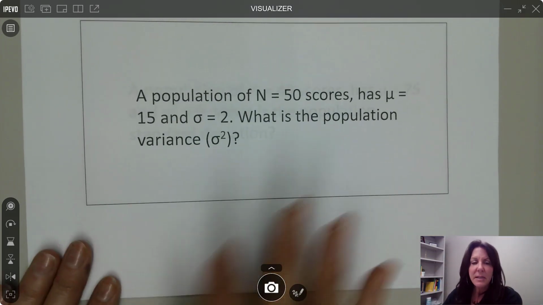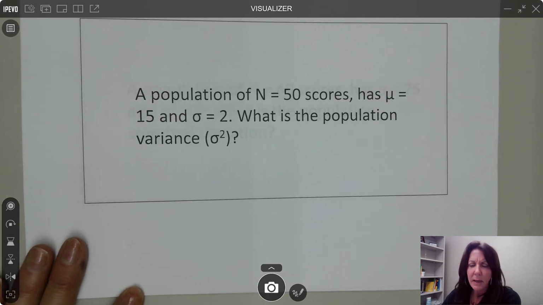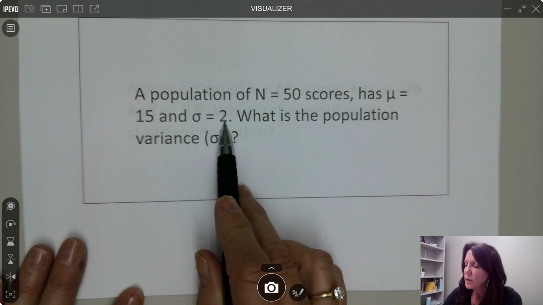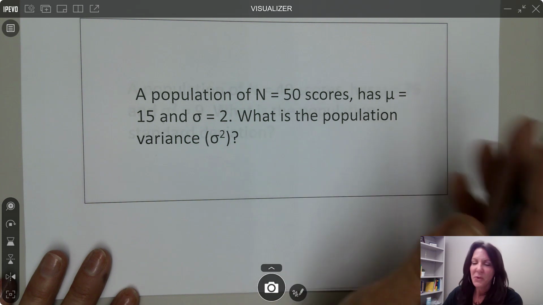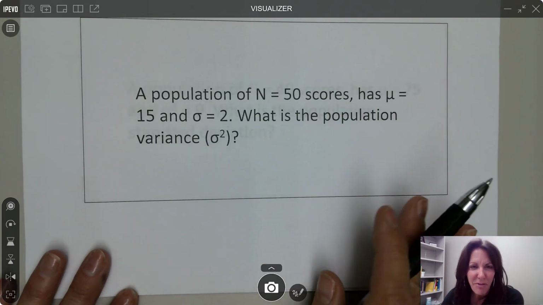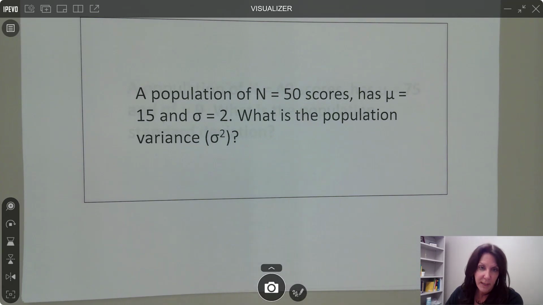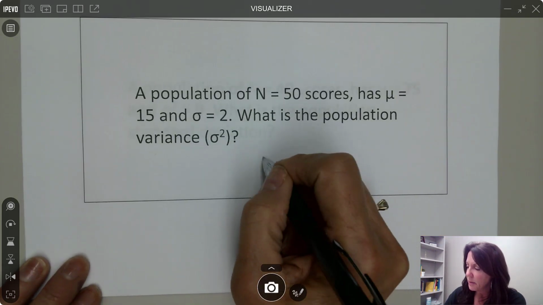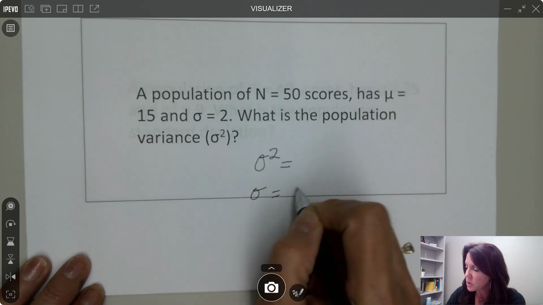Now, you're going to be asked some questions like this, where you're given an n, a mean of 15 and a standard deviation of 2. What is the population variance? Well, you're given 3 numbers here, but you only need to know one of them to figure out the variance. And this you can figure out when you know the relationship between variance and standard deviation. We don't know the variance, but we know that the standard deviation is equal to 2.